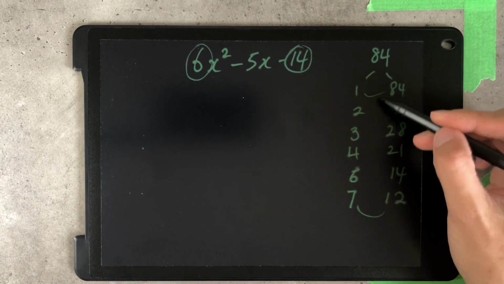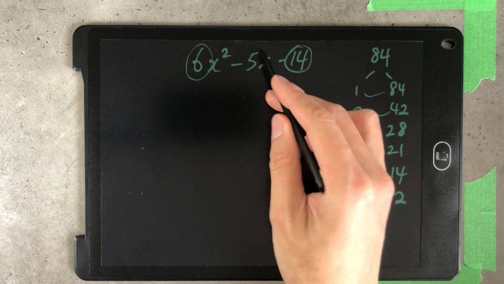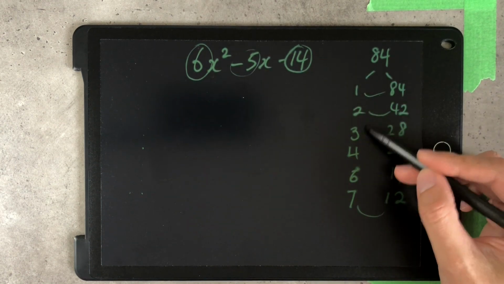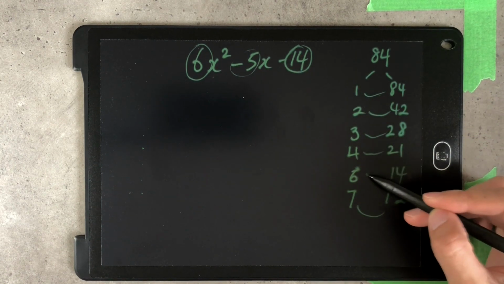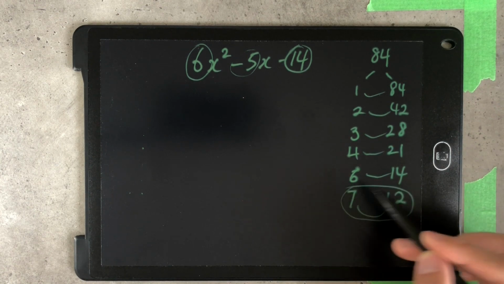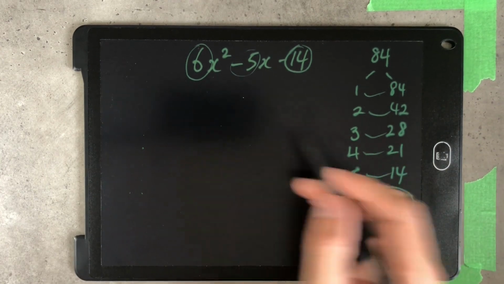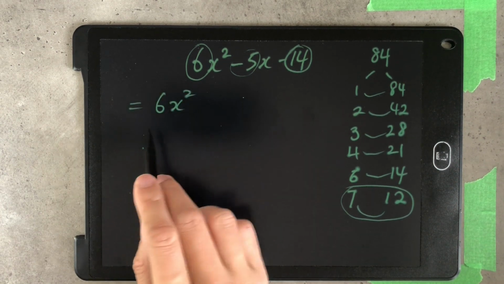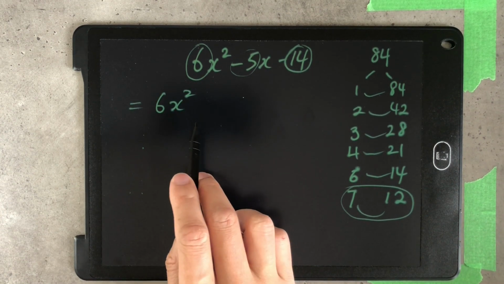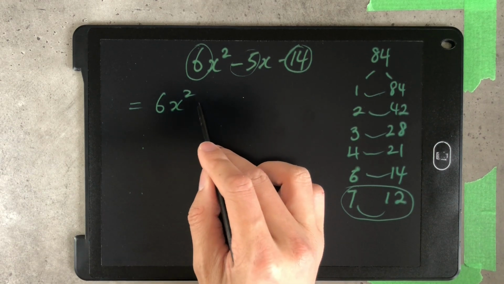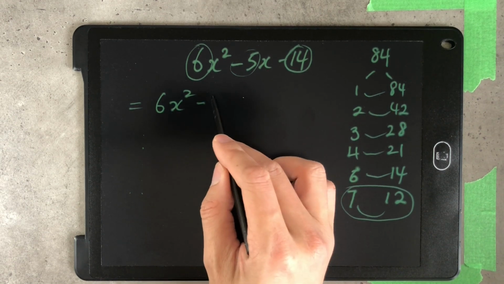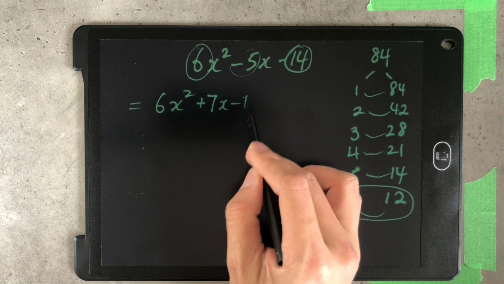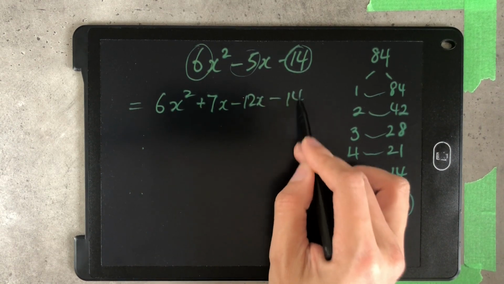So now we look at each pair, and we want to find a difference of 5. So none of these work except for 7 and 12, which you already know. So we're going to split the middle term by writing the following: 6x squared plus 7x minus 12x minus 14.